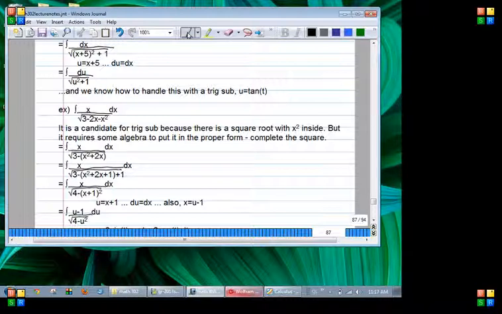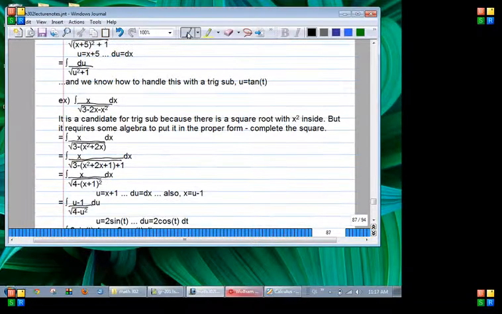Sine substitution. Okay. So it is going to be a sine substitution. You could split it. It turns out you can either split it or not split it. Both of them will work. So in this case, we're just going to dive straight into the substitution.